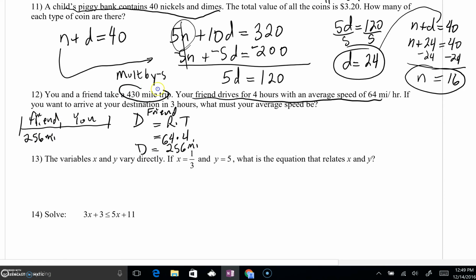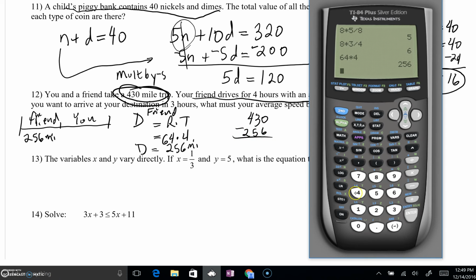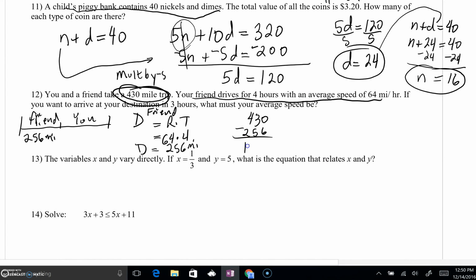The thing is, you have to drive a total of 430 miles. So your friend didn't drive the entire way. What you can do is say, well, it's a 430-mile trip. Your friend drove 256 of those miles. There are 174 miles left. That's where you come in. You want to arrive at your destination in 3 hours.